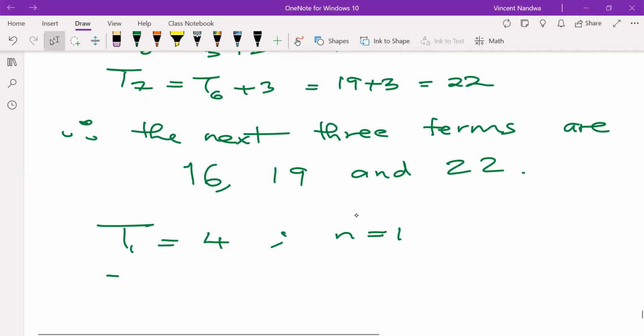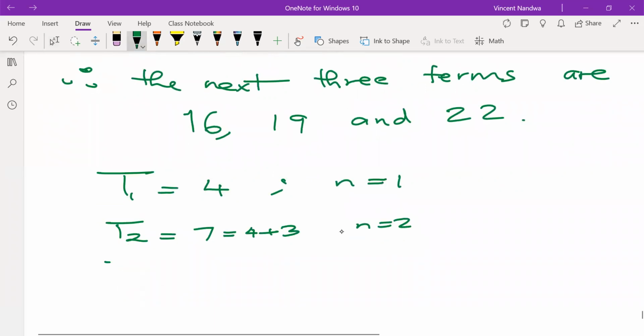Then the second term, T2, is given by 7, where n is 2, and this 7 is the same as 4 plus 3. And then T3 is the same as 10, which is the same as 7 plus 3, and here n is 3.